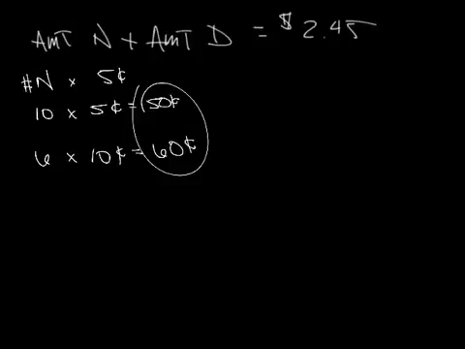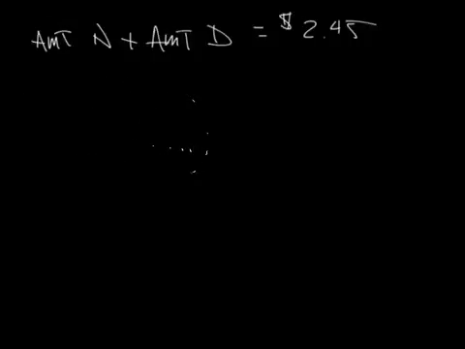So if we add those up, that gives us a total amount of nickels and dimes. So all that is just to give you an idea of what's going on when it gives you an amount like $2.45. That is how much money we have in nickels plus how much money we have in dimes added together.